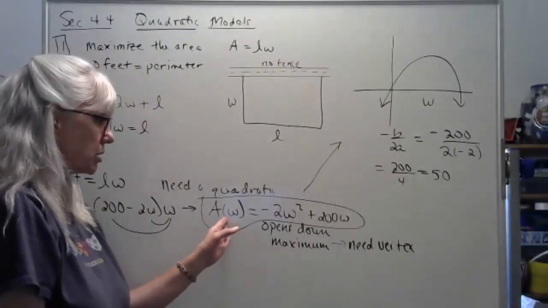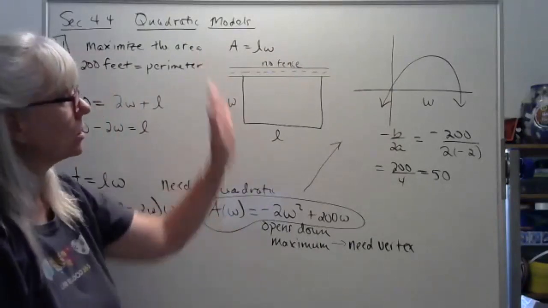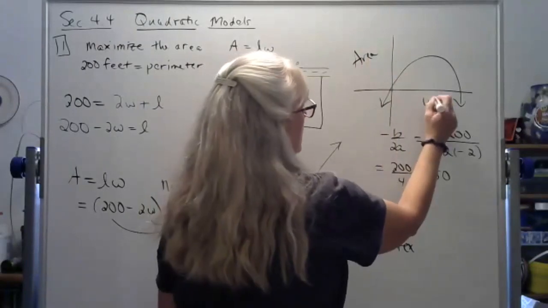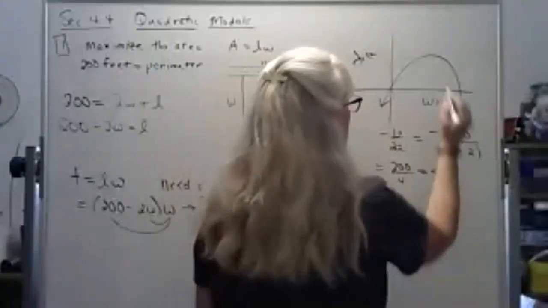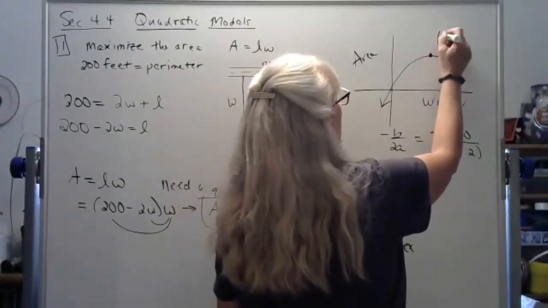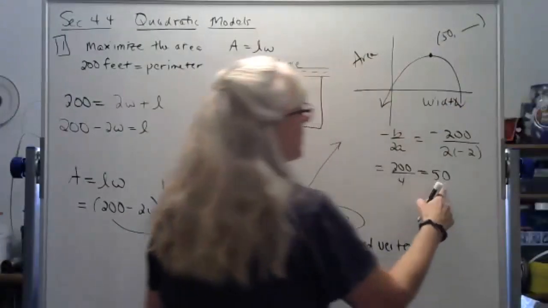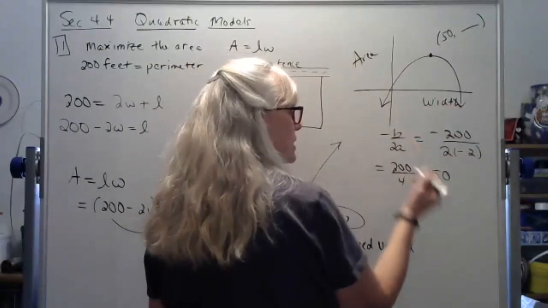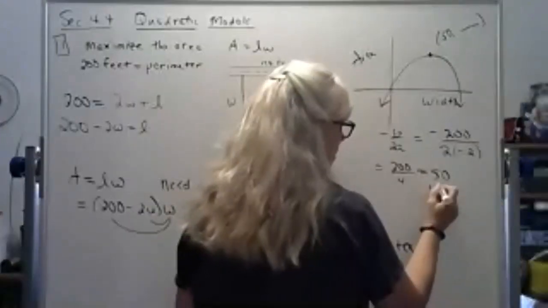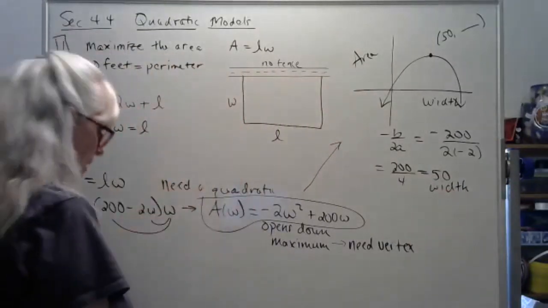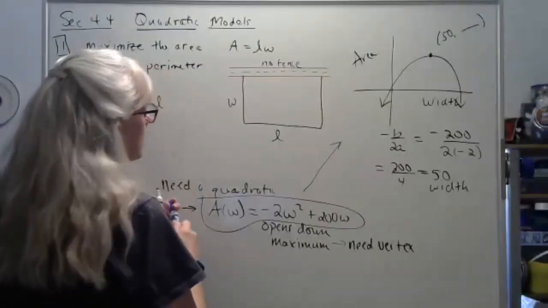Because we're writing this function in terms of A, my vertical axis represents the area. So this is the area, this is the width. Right now, this top is at 50 comma something. That 50 corresponds to this axis, so this is the width. So the width of my field is only going to be 50 feet. So we now know back over here that this is 50 feet.